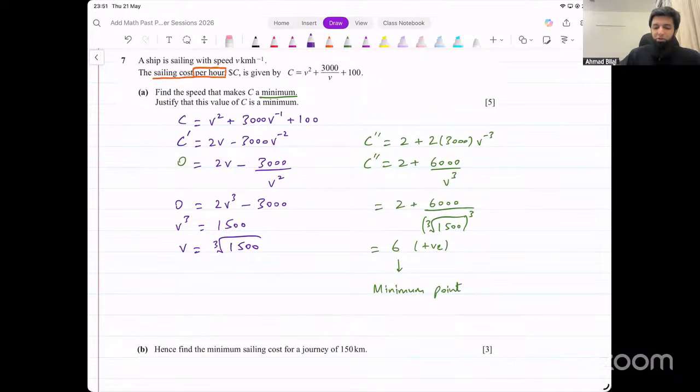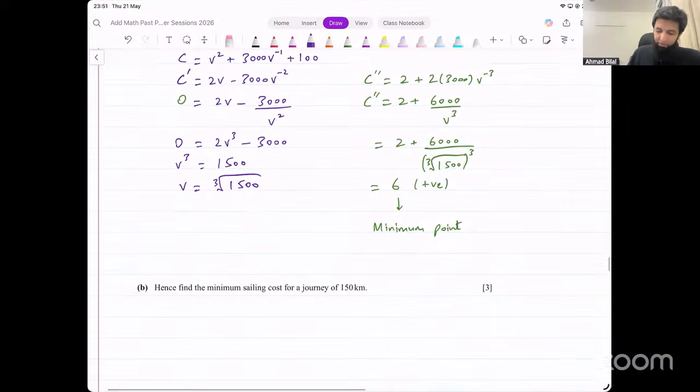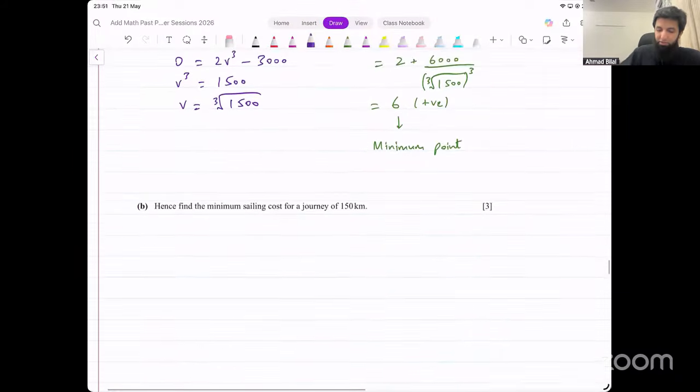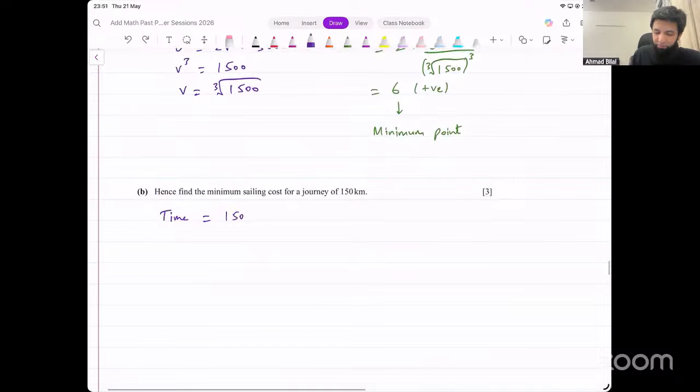Okay, so what we can do is find the time taken for this journey, right? Because the cost is going to be minimum at this particular speed. How much time does this journey take? Let's figure that out. Distance is 150 kilometers. Speed is given in kilometers per hour, so there's no problem with units. 150 divided by cube root of 1500. See what we get from this.